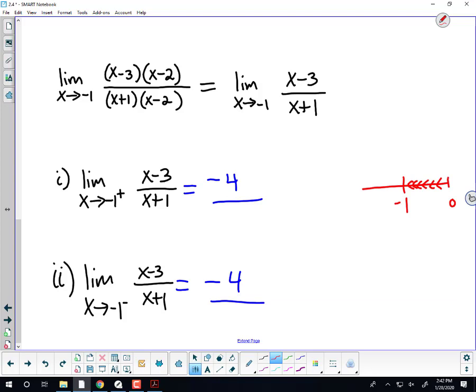Positive. Do y'all agree? Think about this as -0.99, etc., right? Those are all the values we're approaching through. All of those types of values, when we add them to 1, they're still slightly positive, right? So this limit would be what?